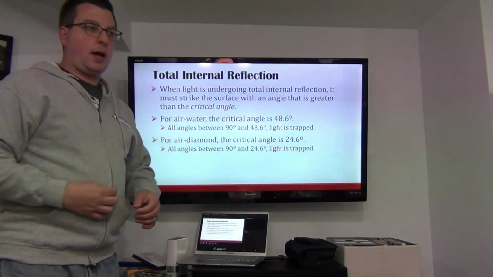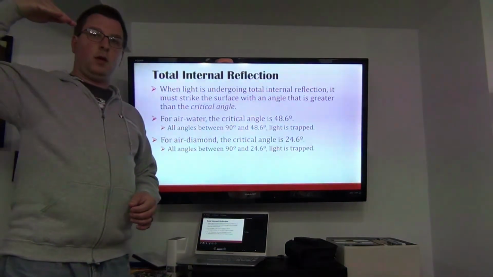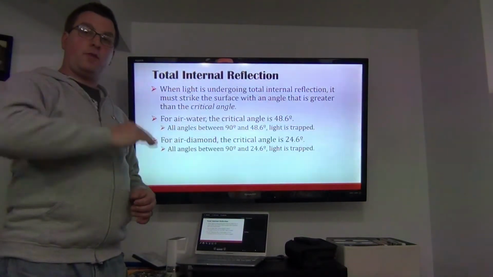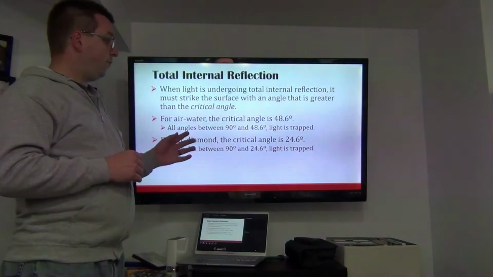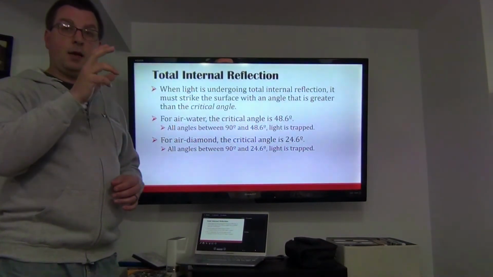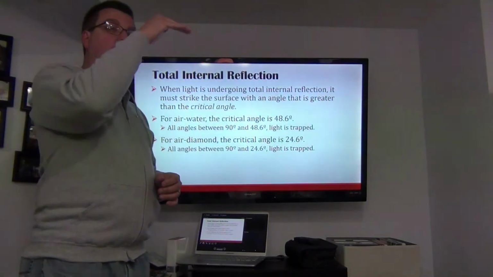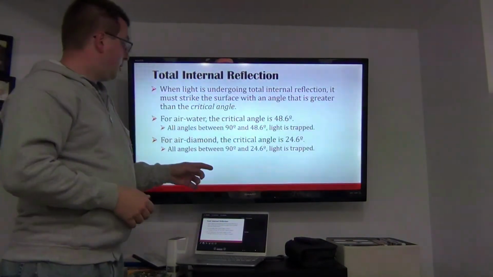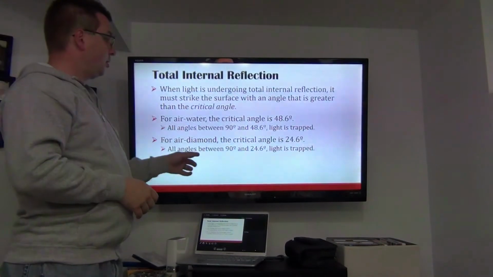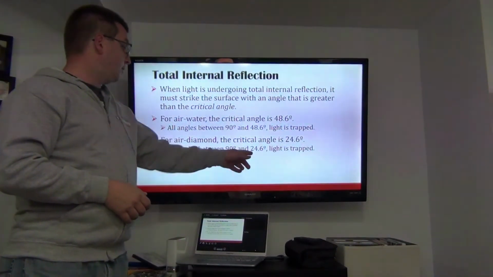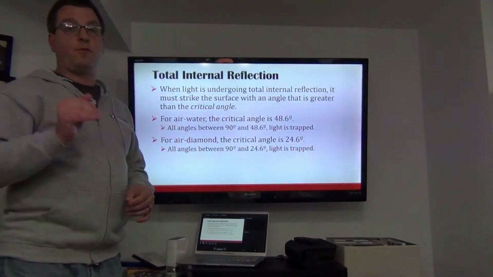That means that if light is trying to get out of the diamond, and it makes any angle somewhere between 24.6 degrees and 90, it doesn't leave, it gets stuck and it stays in. That's what this is saying. The light has to actually make an angle less than 24.6 degrees in order to escape.